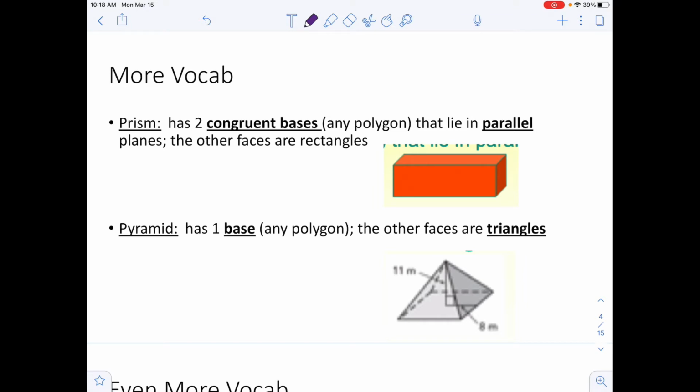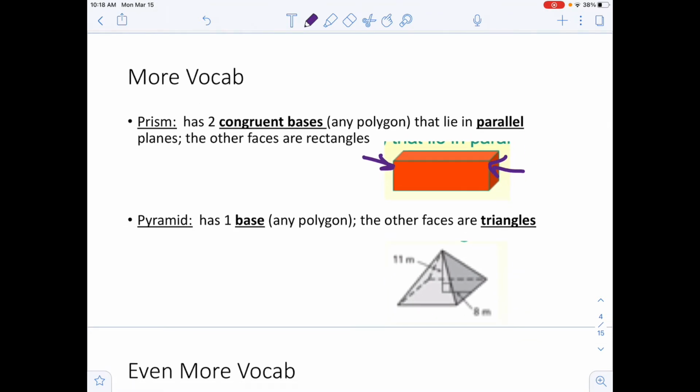So in this case, we have two bases, which are these two squares or two smaller rectangles, and then the rest of the faces are rectangles. And then we name a figure with, so this would be a prism, and then we name the base. So this would be a rectangular prism, since the bases are rectangles.